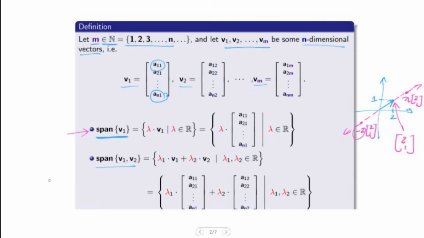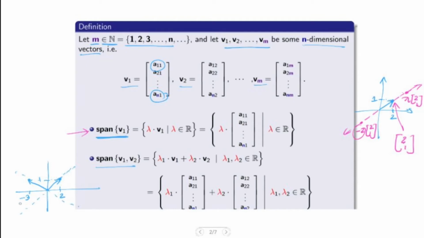If you have two vectors, let's say 2, 1 and another vector, let's say -3, 1, then the span of these two vectors is lambda 1, positive or negative, times the vector 2, 1, plus lambda 2 times the vector -3, 1.